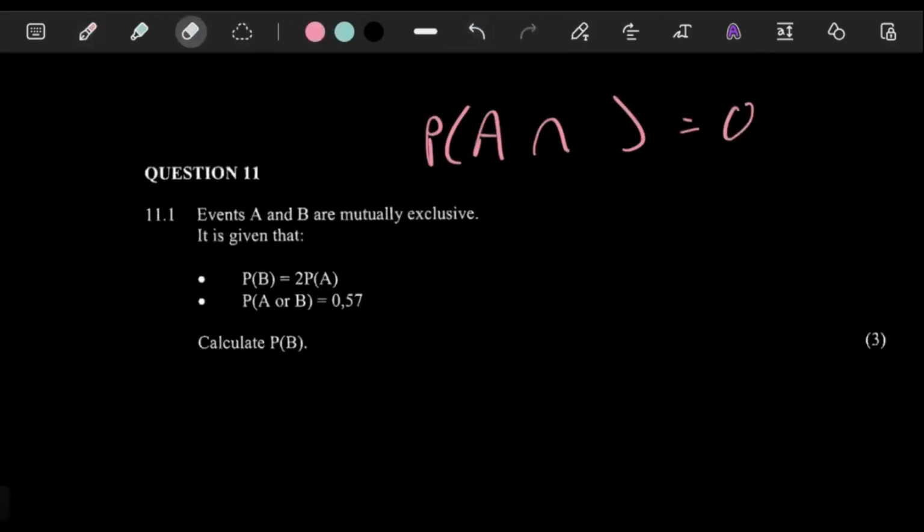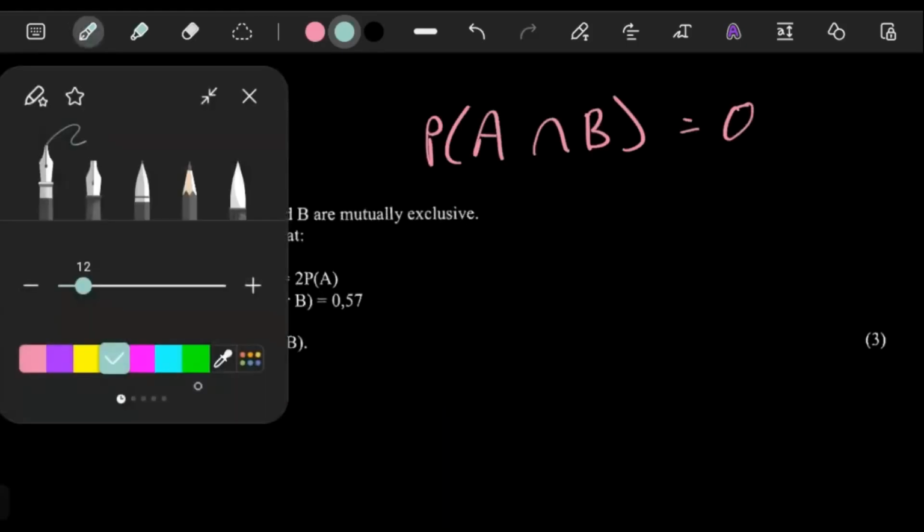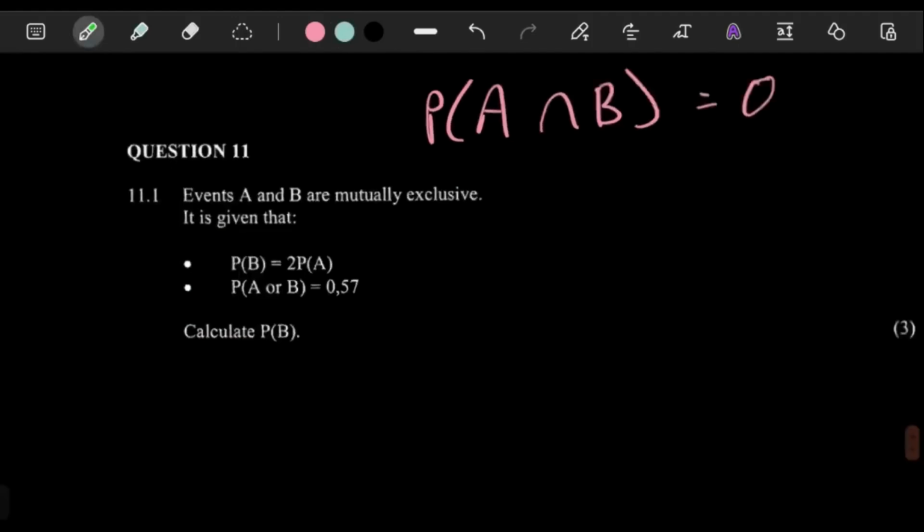For 2 marks, it says the probability of B is equal to 2 times the probability of A, and the probability of A or B is equal to 0.57. We need to calculate the probability of B.